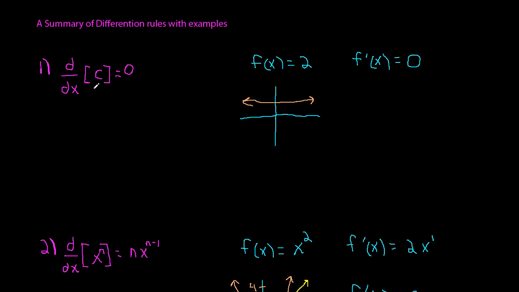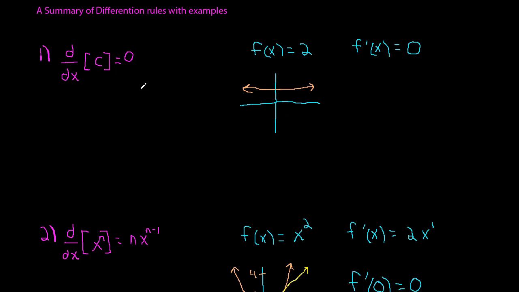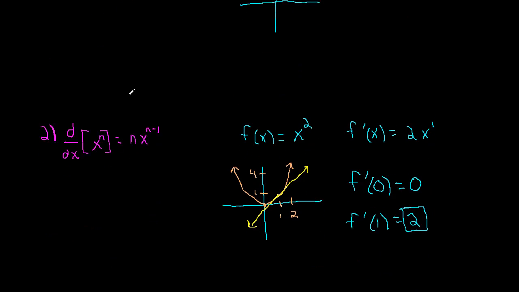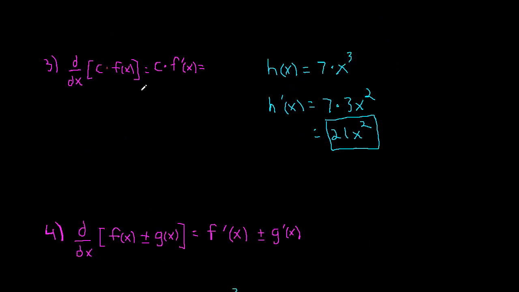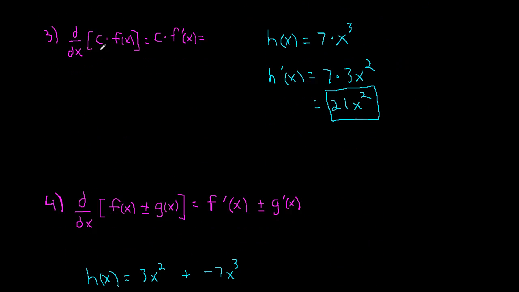The first rule we looked at was our constant rule. It just says that the derivative of a constant is 0. And we looked at some examples here. The second rule was our power rule. The third rule was this rule that says if you have a constant multiplied by a function, then if you want to find the derivative of this thing, you take the constant out, find the derivative of the function, and you're done.